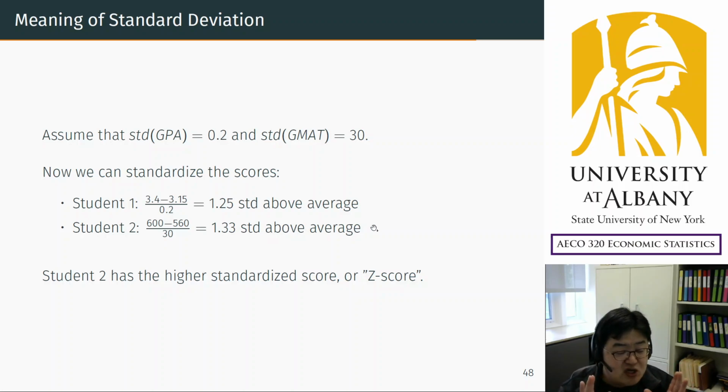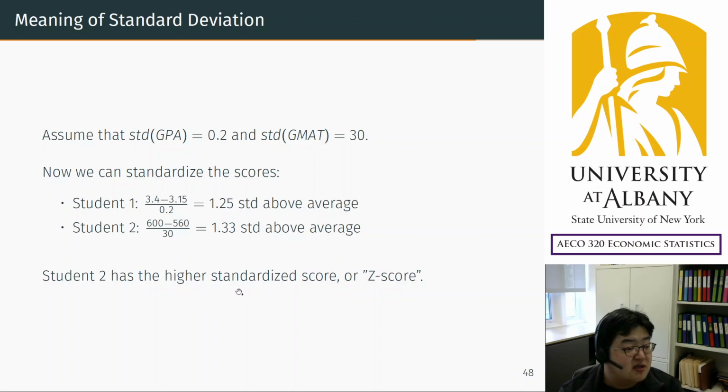So the standard deviation itself is a unit that measures the distance of a realization, right? If you take this as a standardized score, then you can choose student 2 as better, having a higher score, right?